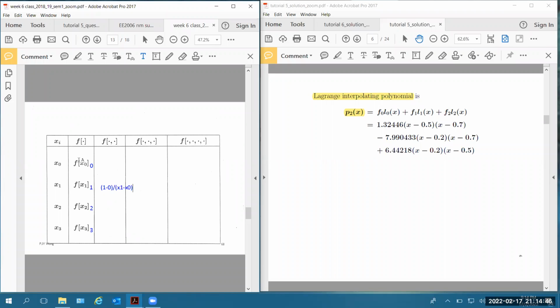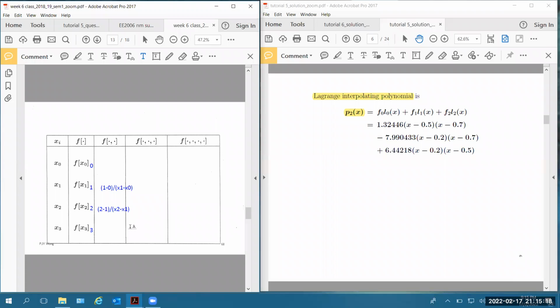Everybody okay? So this is the number 1 minus 0 divided by x1 minus x0. The others are also like that. They have a pattern. So this will be 2 minus 1, over, I think you can guess, x2 minus x1. Can you see the pattern? I hope you see the pattern.